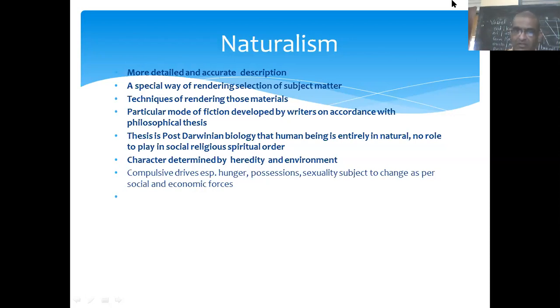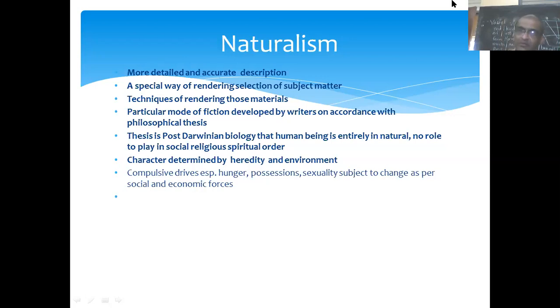The character of a human being is determined by heredity, what he inherited from his biological father and mother, and especially the environment in which he was born and progressed.